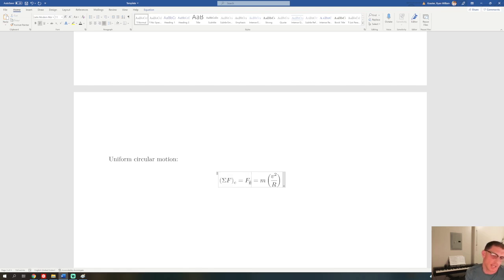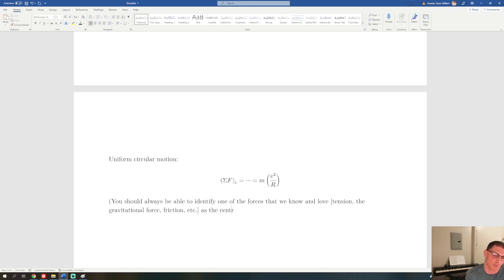But what I will say is that Hatridge harped on this too, and it's good that he did, that you should always be able to identify one of the forces that we know and love, like tension, the gravitational force, friction, etc., as the centripetal force.